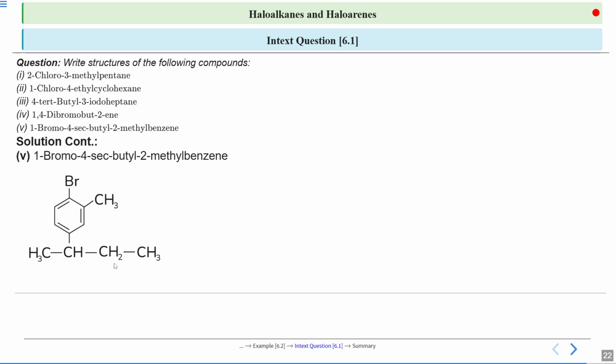After that you will fulfill all the remaining valencies of the carbons with hydrogens. Carbon is a tetravalent atom, so you have to fulfill 4 valencies, and then you will get the structure of 1-bromo-4-secondary butyl-2-methyl benzene.